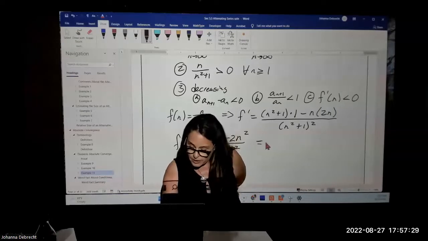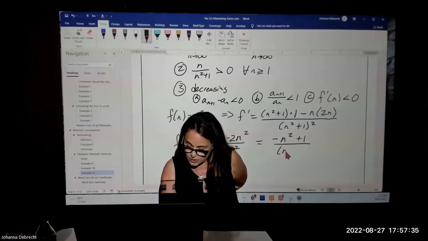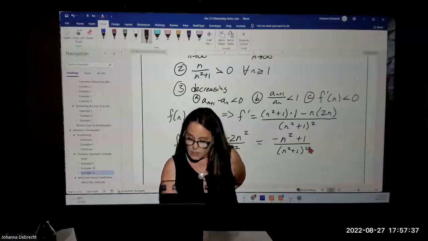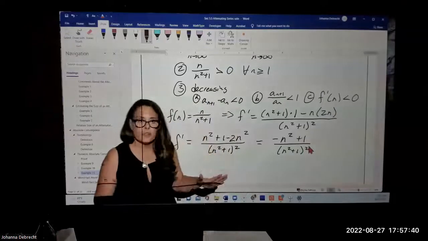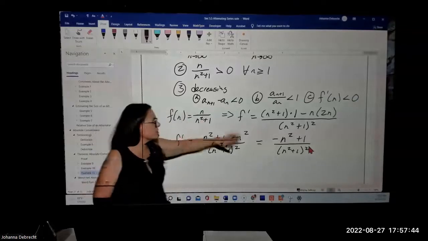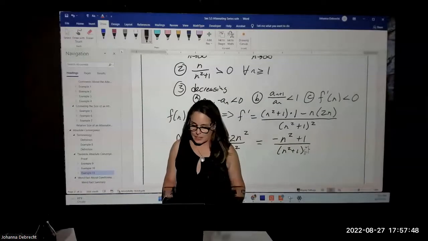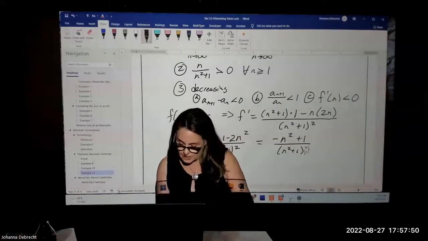Well, the numerator then is going to give me negative n squared plus 1 over this strictly positive denominator. So the question is, ignore the denominator because it's always non-negative, and look at the numerator and ask yourself, when is this going to be negative? So we're trying to prove that it's negative.